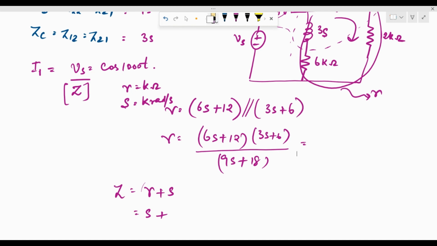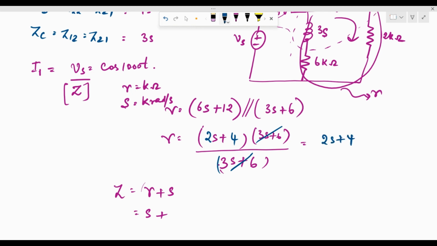The denominator becomes 3 and 6, and the factor 3 in the numerator also gets cancelled, so I get 2 and 4. Both of these are actually the same, so they're common and we can cancel them out. So what I get here is 2s plus 4.